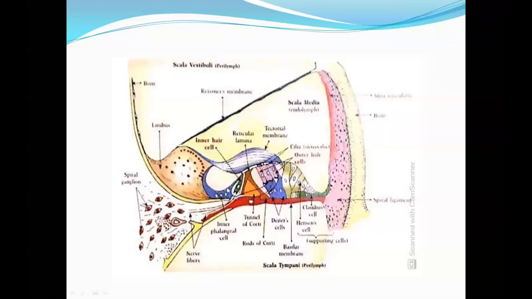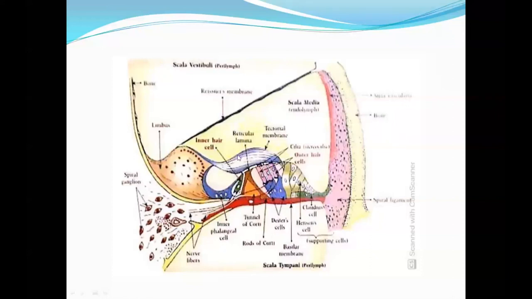Medially, the inner hair cells are present. This is the inner hair cell, and laterally, on the outer side, the outer hair cells are present, and these outer cells are supported by outer phalangeal cells, and the inner hair cell is supported by inner phalangeal cells.